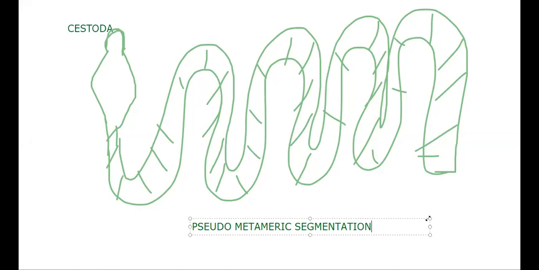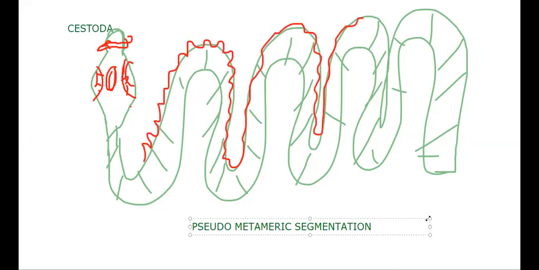Then, as I already told you, hooks and suckers are present, holding to the small intestine with their help, and the body bears microvilli or microtriches to absorb foodstuffs. One more very interesting thing here is the reproduction.